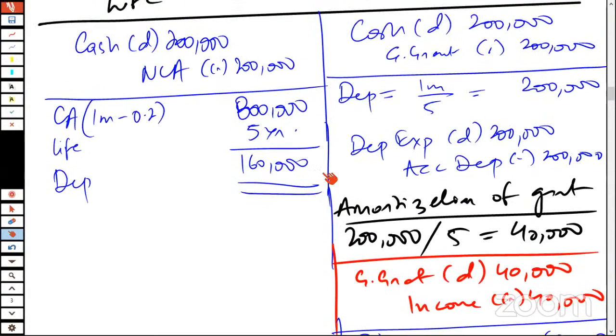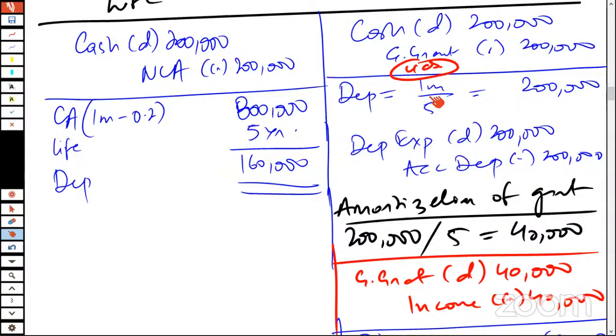The second thing is, alternatively, you could say cash debit by 200,000, the government grant credited by 200,000, and this government grant of 200,000 would be shown as a liability. Subsequently, you would charge depreciation of 200,000 every year.